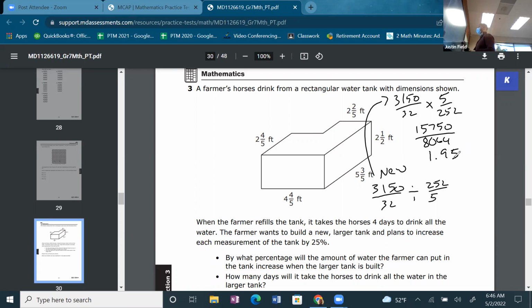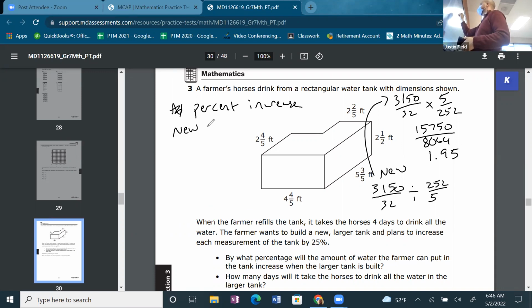All right, so let's just do that. So percent increase. If they had made this problem any longer, I don't know. All right, so new minus old over old. So almost there.